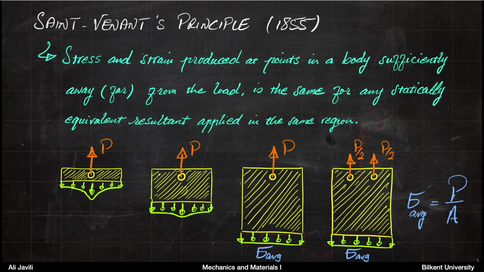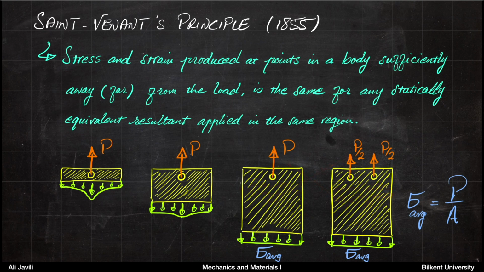So you can imagine if you cut it here, that's not the case. So possibly here you would see a stress distribution which looks like this, and if you cut this here, you would see maybe a stress distribution which looks like this. But we don't want to talk about this.